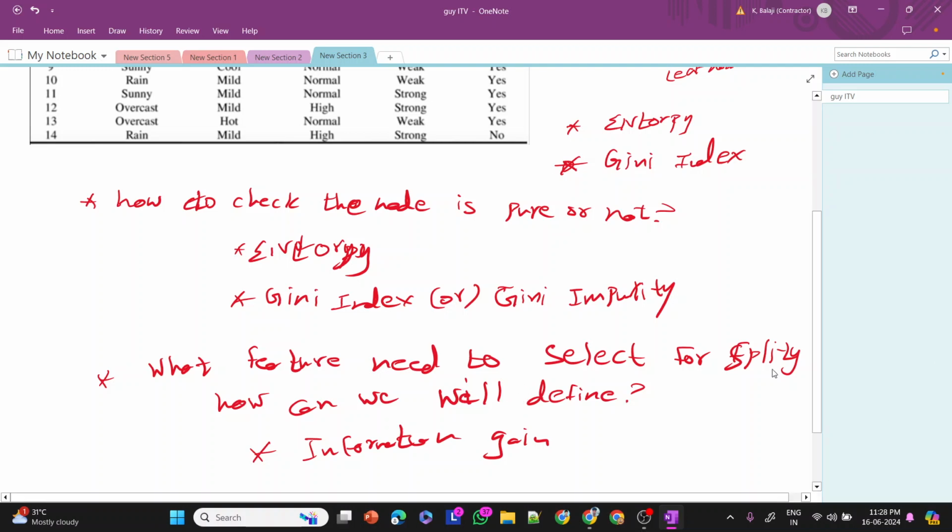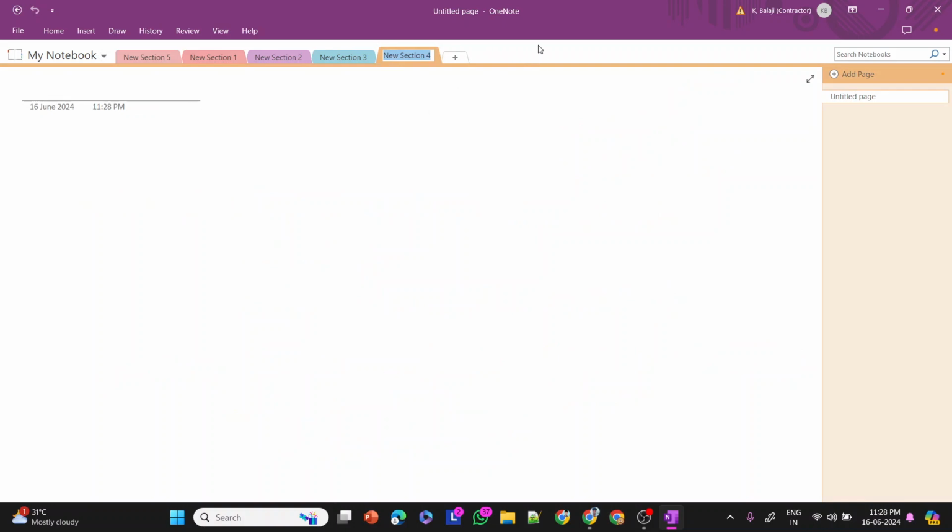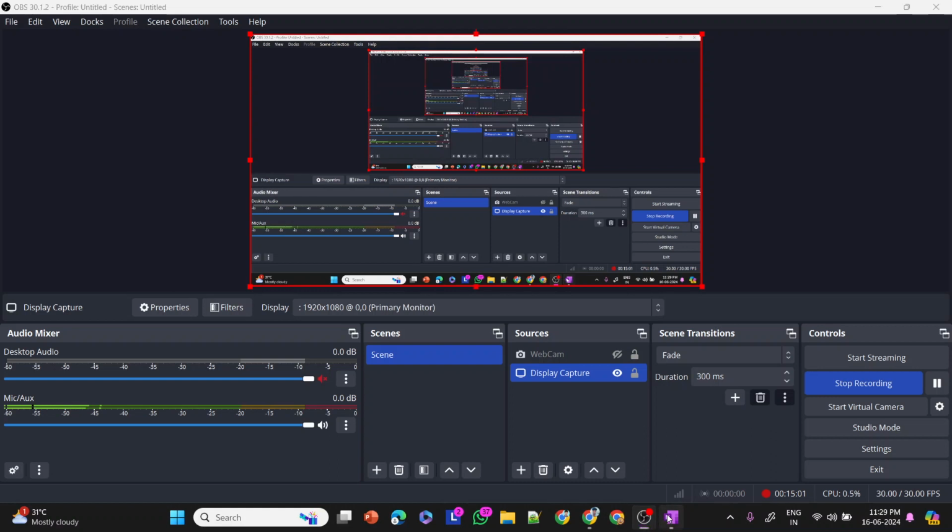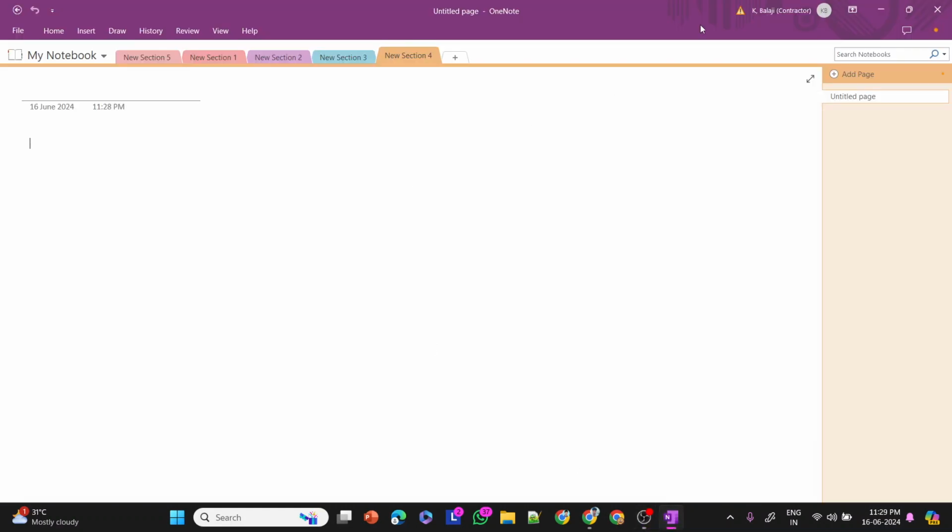Okay, let's see the mathematical concept behind both methods. Let's see what entropy is.